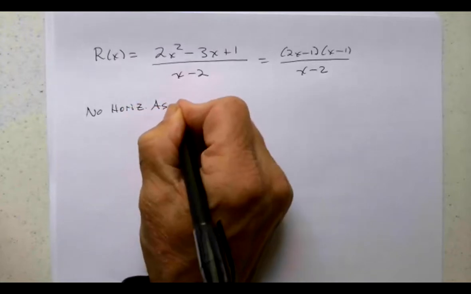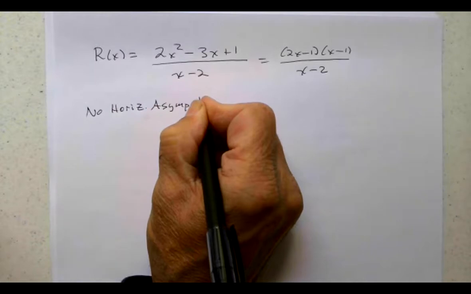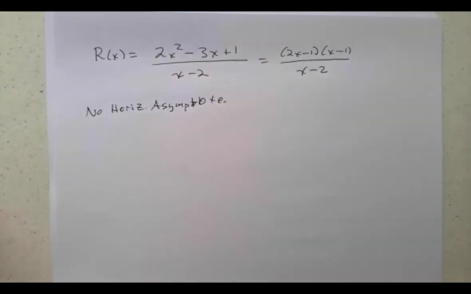What has to happen for there to be a horizontal asymptote? For a rational function, the degree of the top and the bottom have to be the same, or the degree of the bottom has to be larger. But in this case, the degree of the top is larger, but if it's larger by 1, we will have an oblique asymptote.